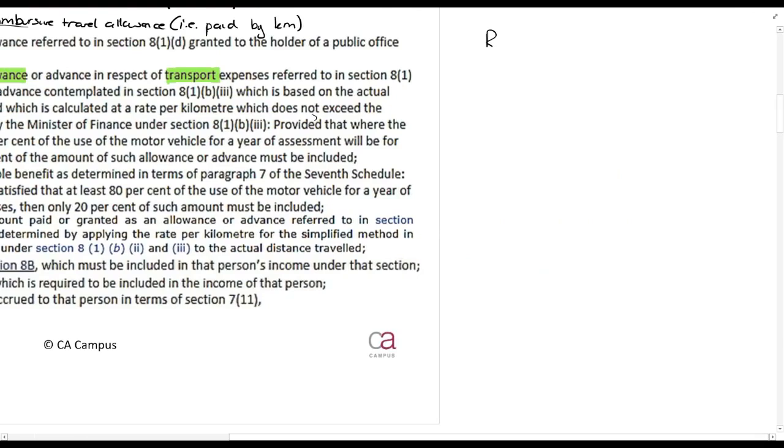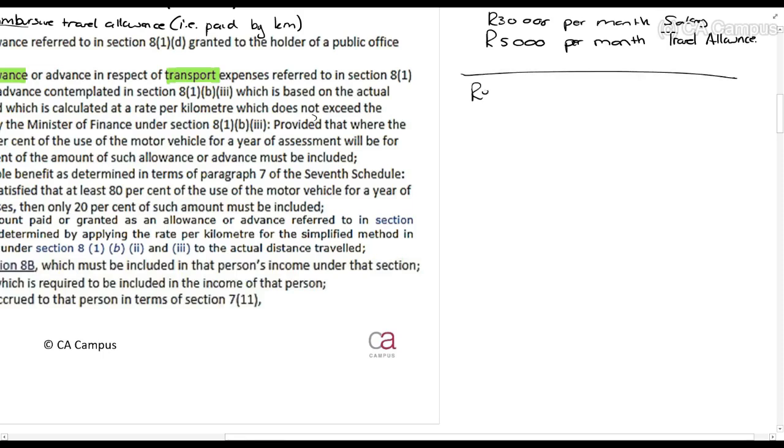Let's say your travel allowance is 5,000 rands per month. And let's say 30,000 rands per month salary.